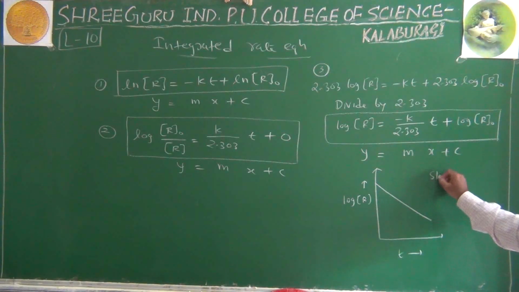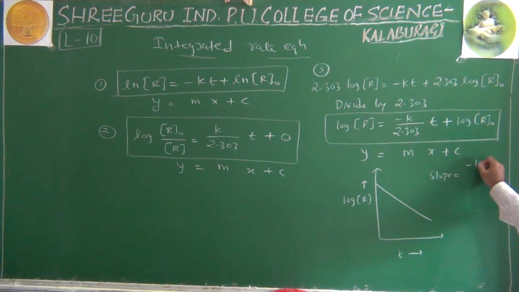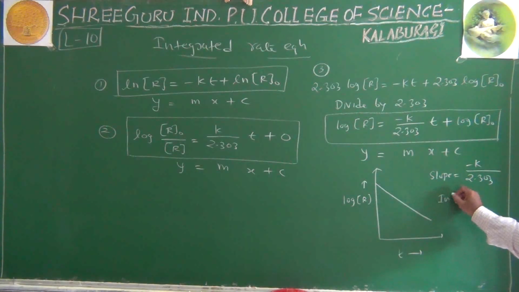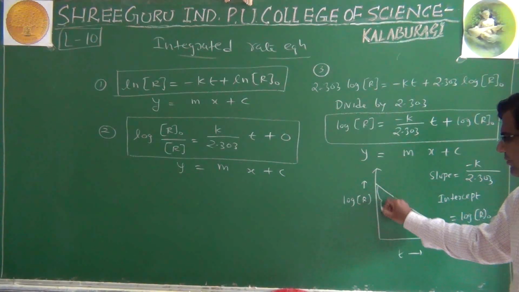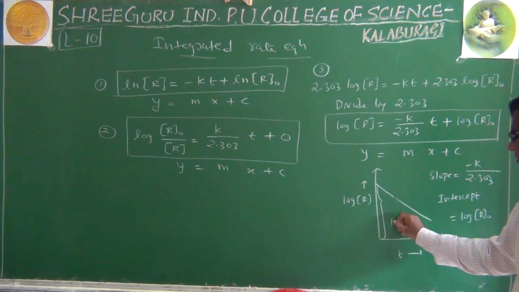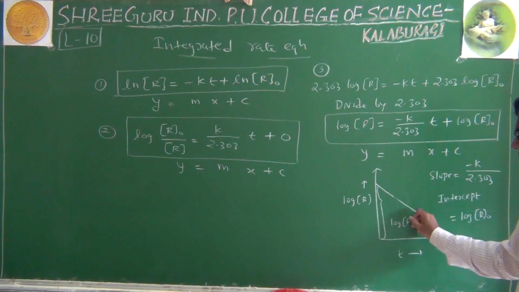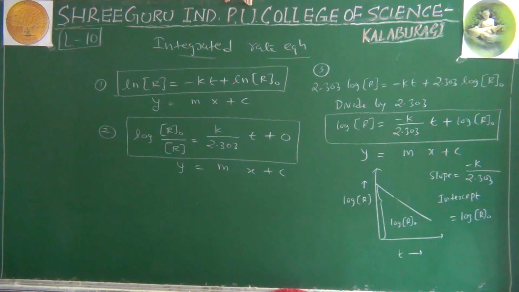So you can say slope equals negative of k by 2.303 and the intercept of this particular graph will be equal to log of the initial molar concentration of the reactant. Intercept is nothing but this point. From this to this point is nothing but log of the initial molar concentration of the reactant.